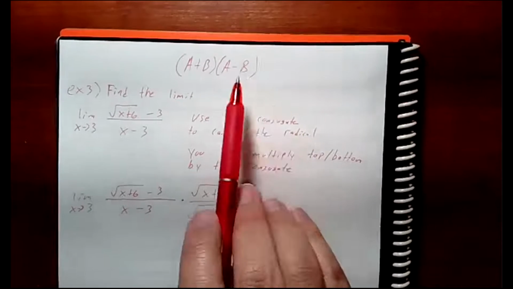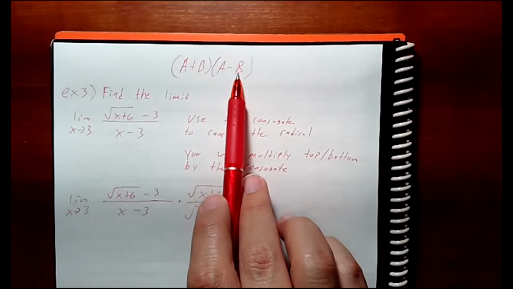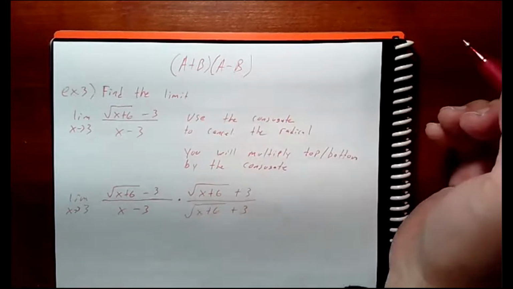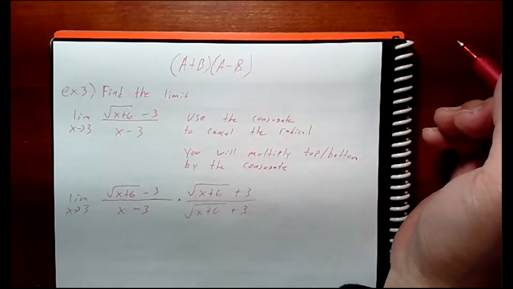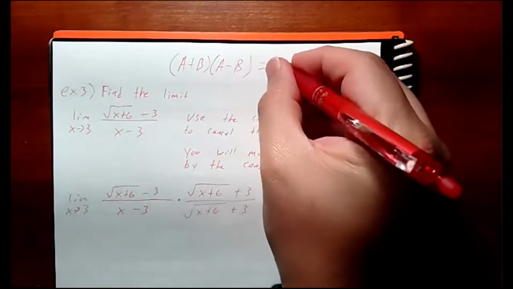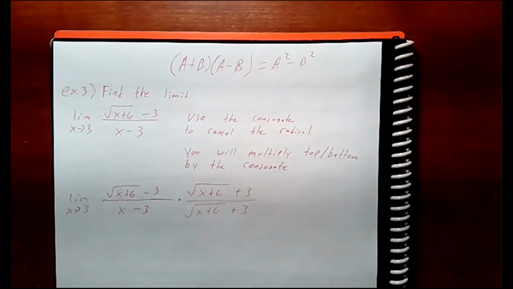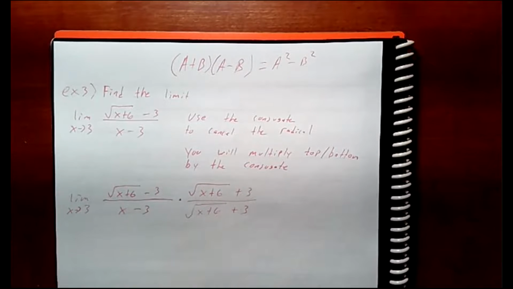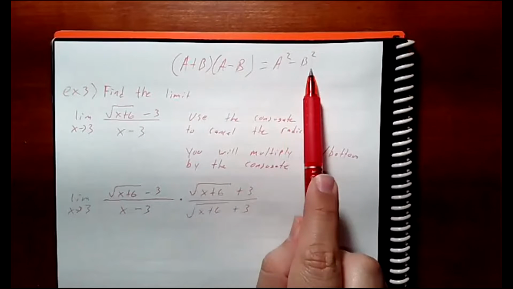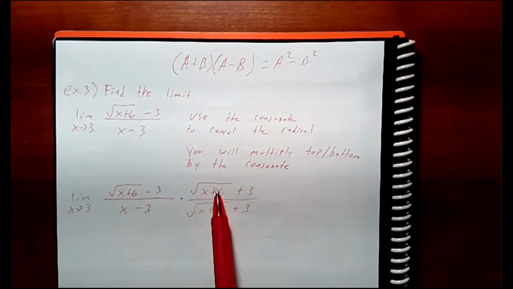You guys remember what this multiplies into? That would be a squared minus b squared. Yeah, right. This was the difference of squares, right? So that's basically what we're doing. We're forcing a difference of squares, because if you square the one term and the other term, squaring this term will get rid of the square root.